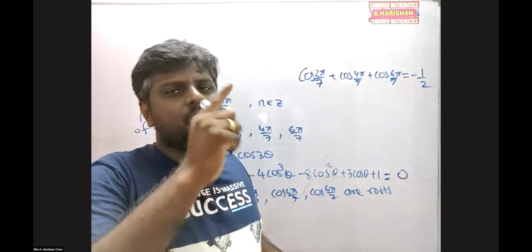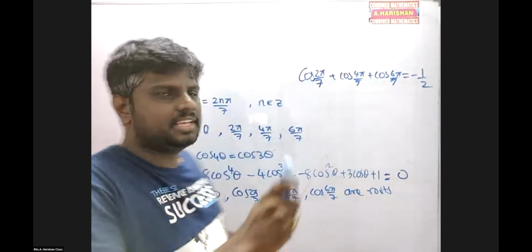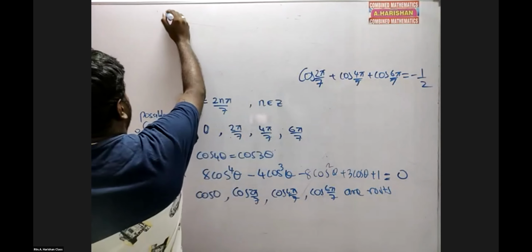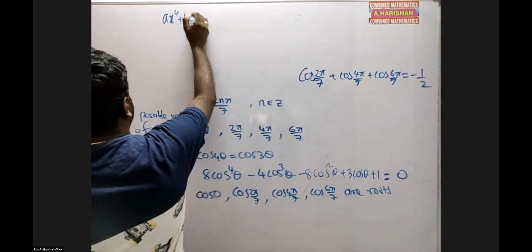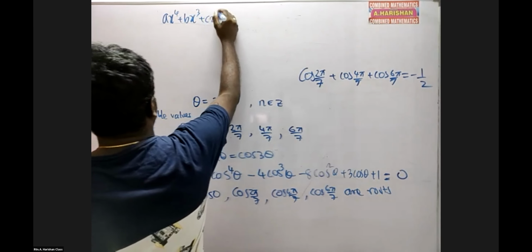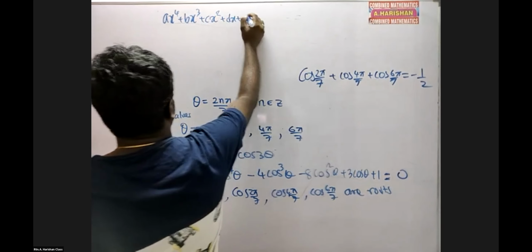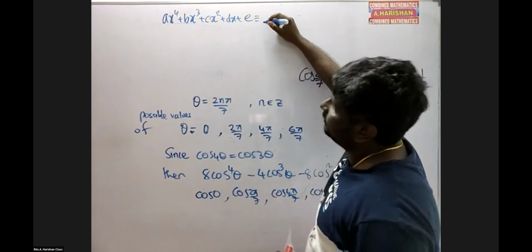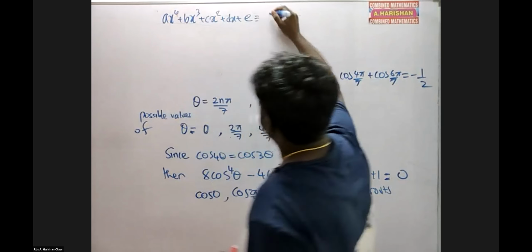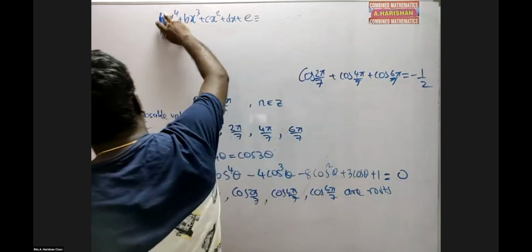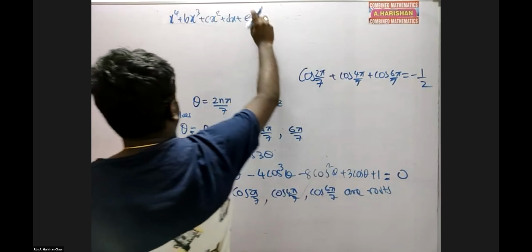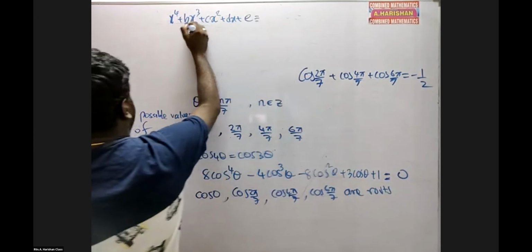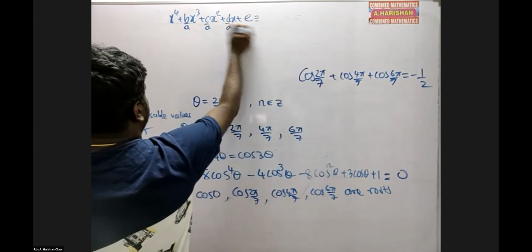Now quickly we go back to the polynomial. Think about this. If ax to the power 4 plus bx cube plus cx squared plus dx plus e is equivalent to, say, I divide everything by a.